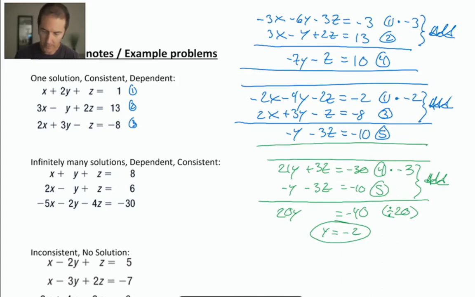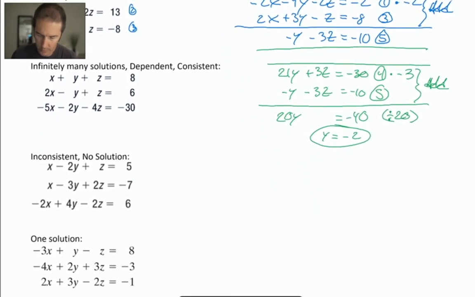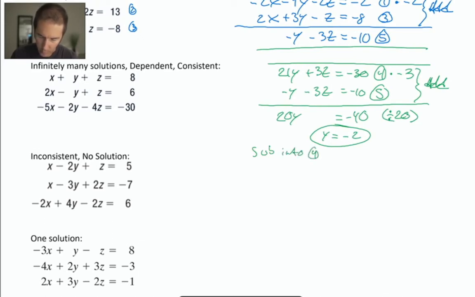I would say that since this says -3z and this says -1z, I tend to want to plug it into equation 4. But again, it won't matter. Let's put a little note that says substitute or plug into 4 or 5 and solve for z.